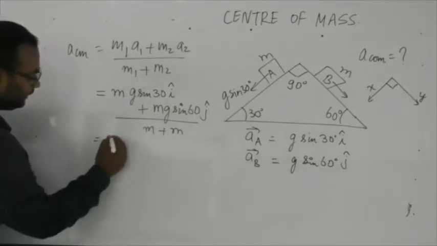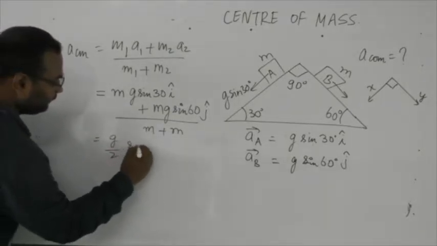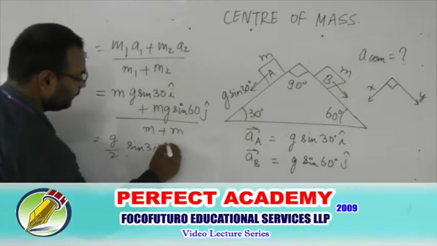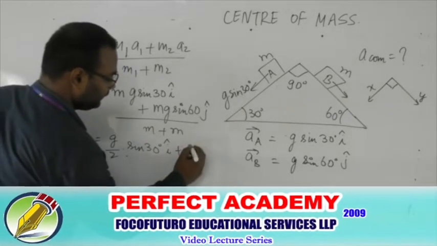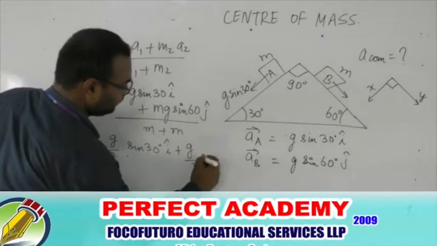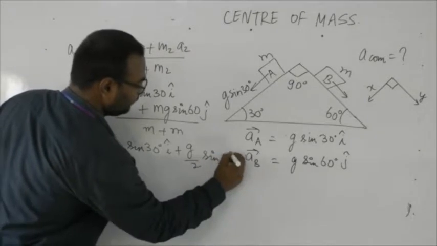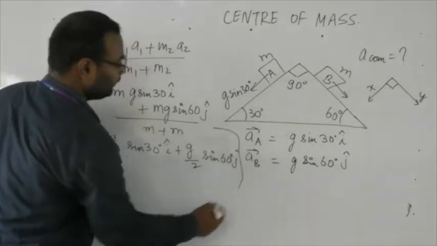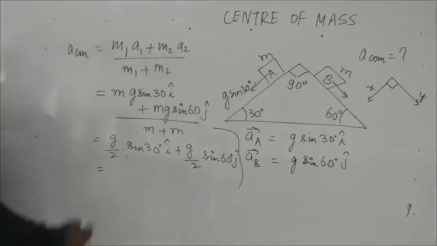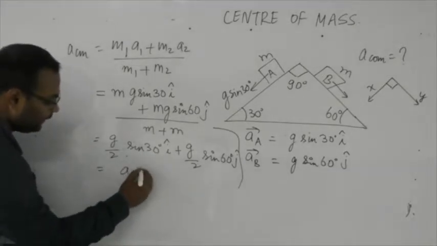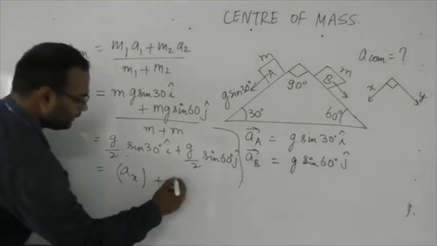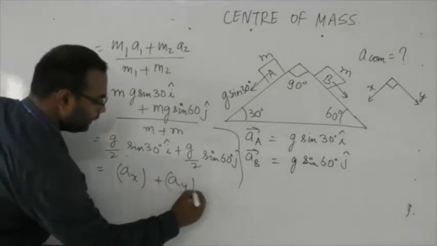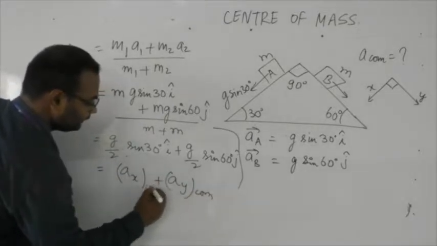This will be g by 2 sine 30 i cap plus g by 2 sine 60 j cap. So again this total term will be a along x plus a along y of center of mass.